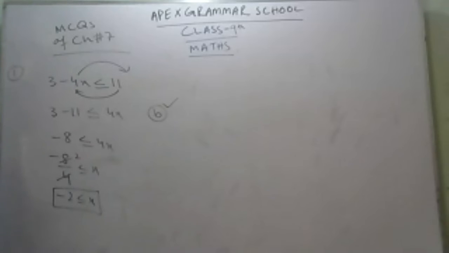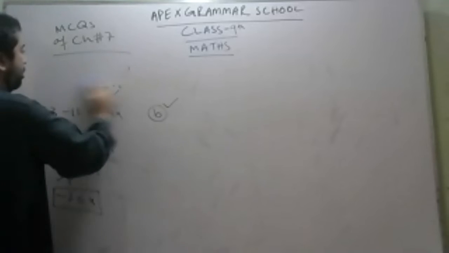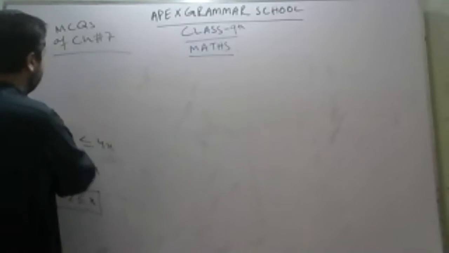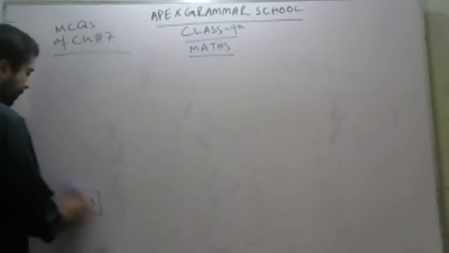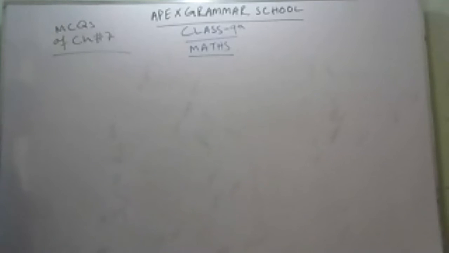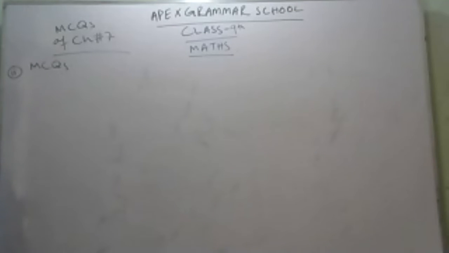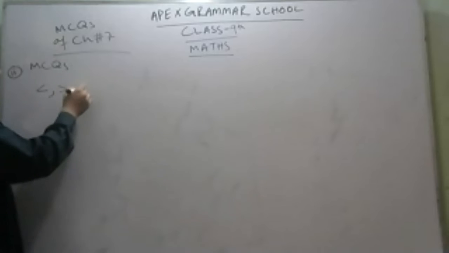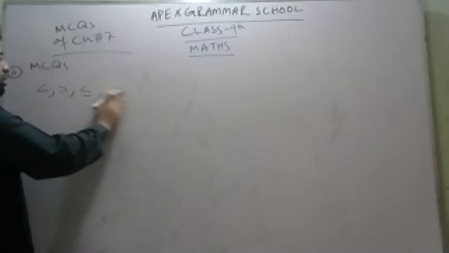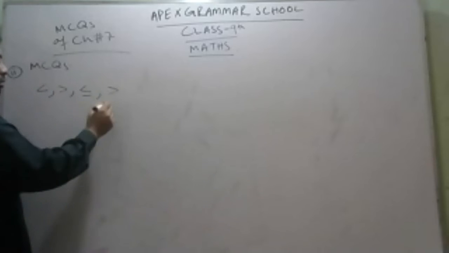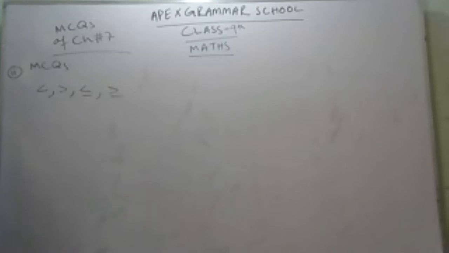Second is: a statement involving any of these symbols, these expressions. A statement involving these symbols is called, we have four options.